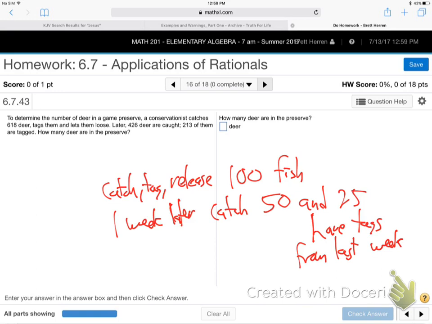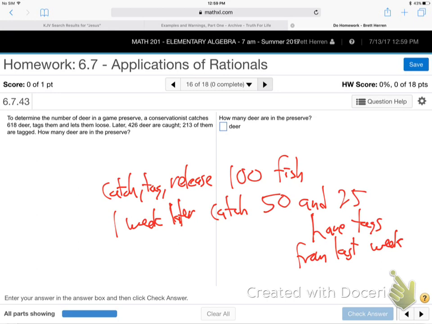So if I grab 50 fish, and a week later I grab 50 fish and look them over, and 25 of them have tags, that's half of them. So not only are half the fish in my little sample tagged fish, but since I grabbed them at random, that's representative of the whole lake.